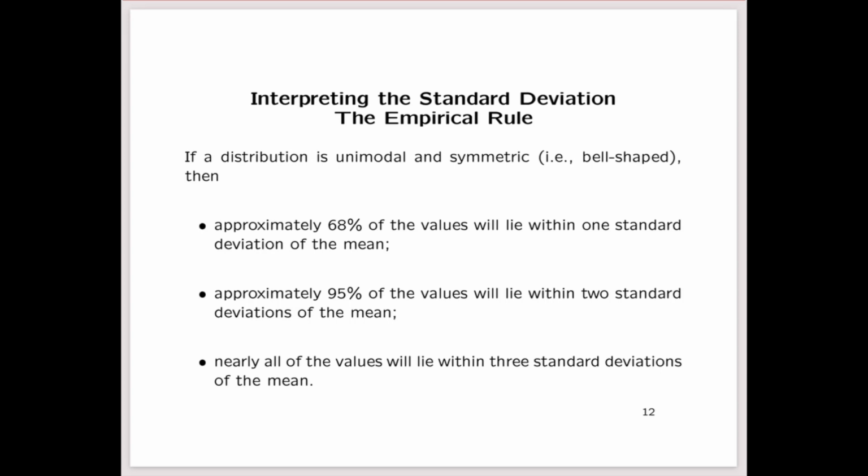So this gives us some very useful information about the probabilities that a random variable takes on over certain portions of its sample space in the vicinity of the mean.